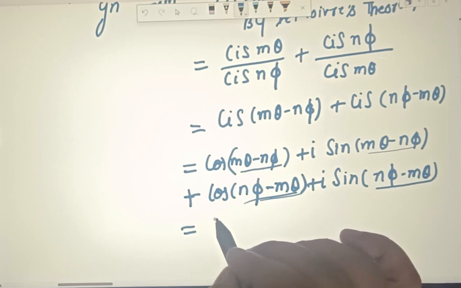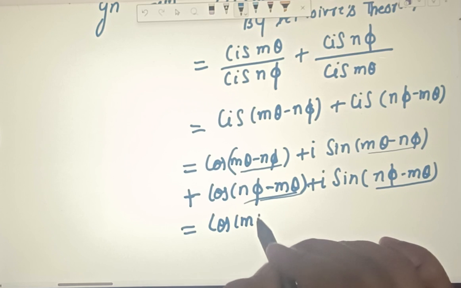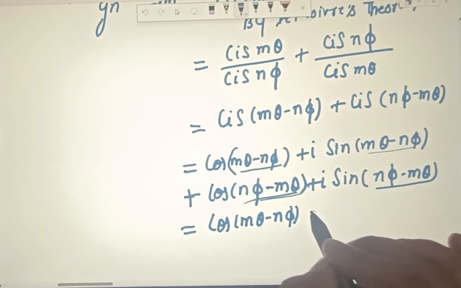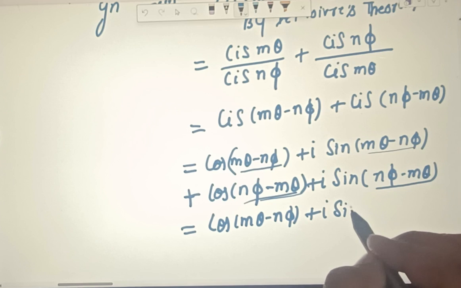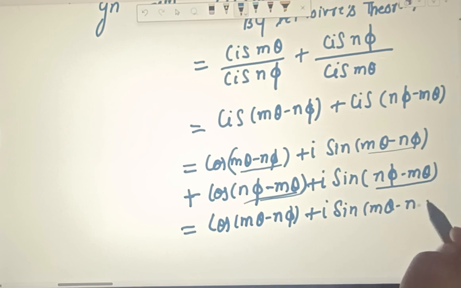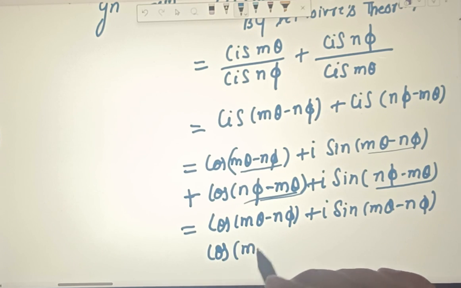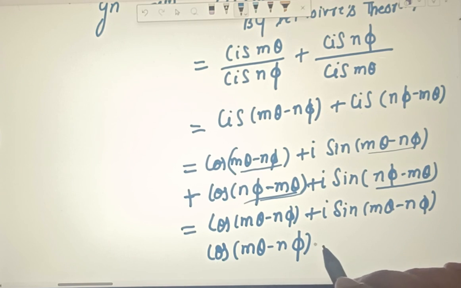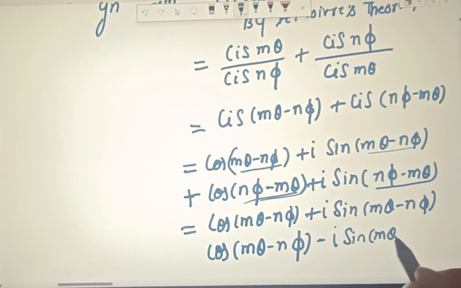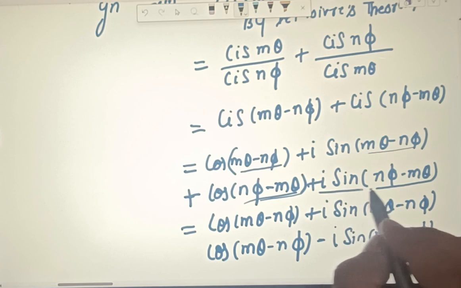So cos(m theta minus n phi) plus iota sine(m theta minus n phi), and here you can write cos(m theta minus n phi), because cos minus theta is again cos theta, plus iota, but sine minus theta is equal to minus sine theta. So you will write minus iota sine(m theta minus n phi), okay.